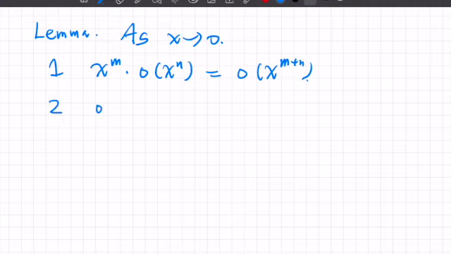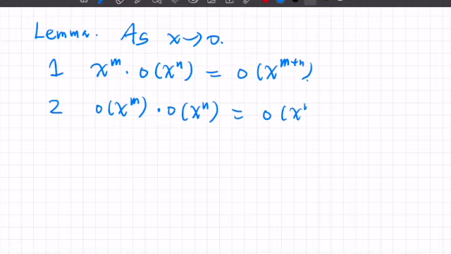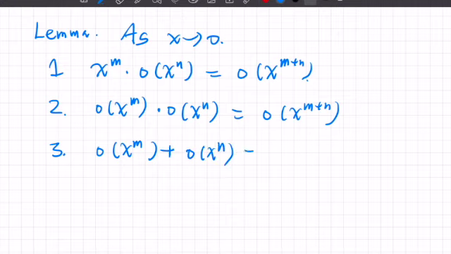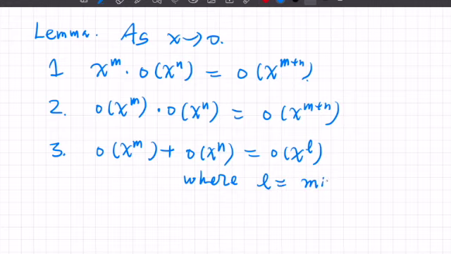Second, little o(x^m) times little o(x^n) is equal to little o(x^(m+n)). And third, little o(x^m) plus little o(x^n) is equal to little o(x^L), where L is the minimum of m and n.